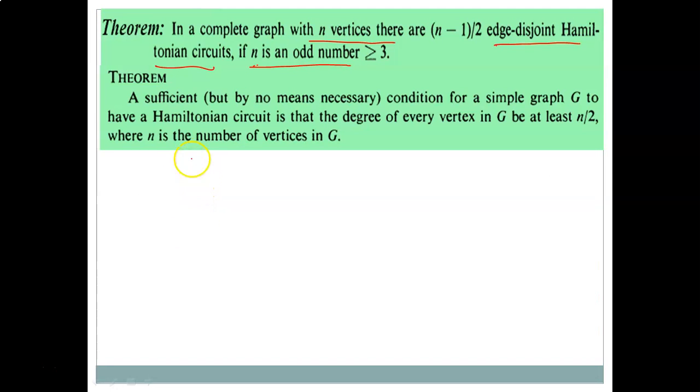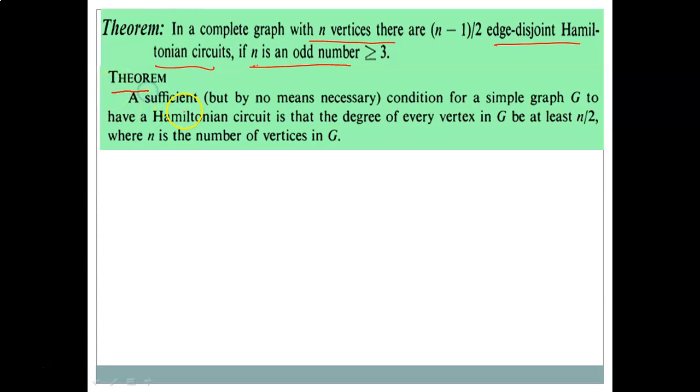It has some specific restrictions, because here we are talking about only the complete graph with n vertices. If we have a complete graph with such restrictions, then we can determine the number of edge disjoint Hamiltonian circuits.